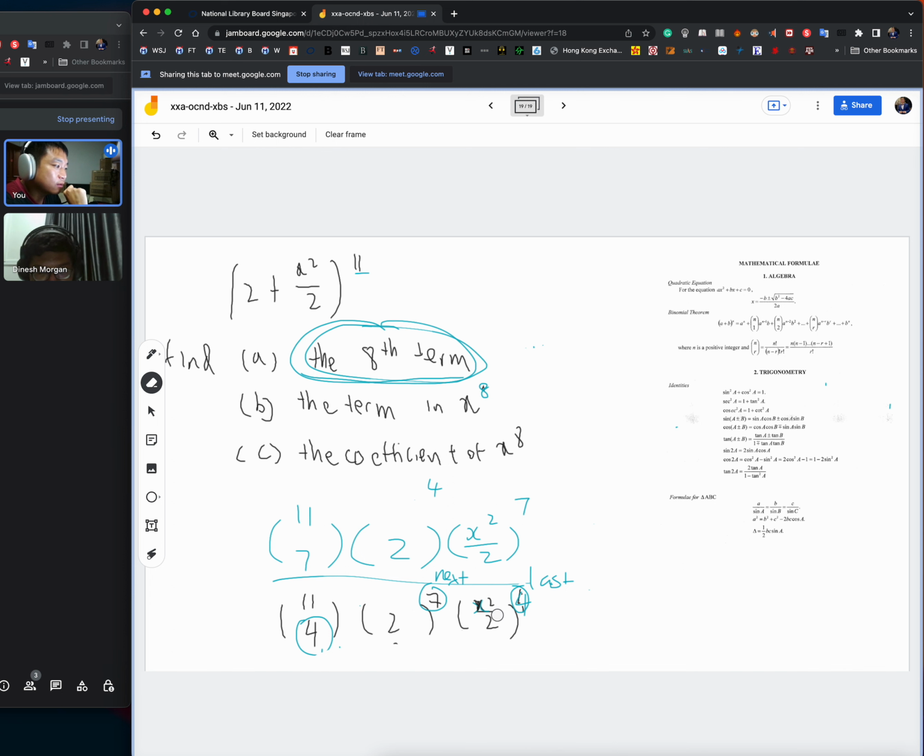So how do you get x to the power of 8? By putting a 4 here. If you put a 4 here, then this has to be 7, because that will give you 11, then 4 will be below here. Okay, good. So can you just carry on, and then what's the term?